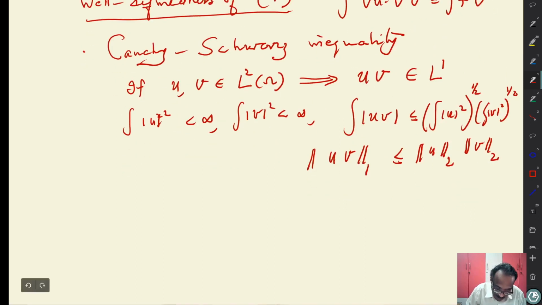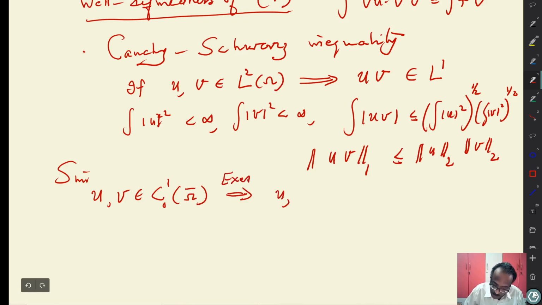Since u, v in C1 naught of omega bar, that's why we have taken C1 naught of omega bar. You can verify, if you are not familiar, this is an exercise. u, v is in L2.